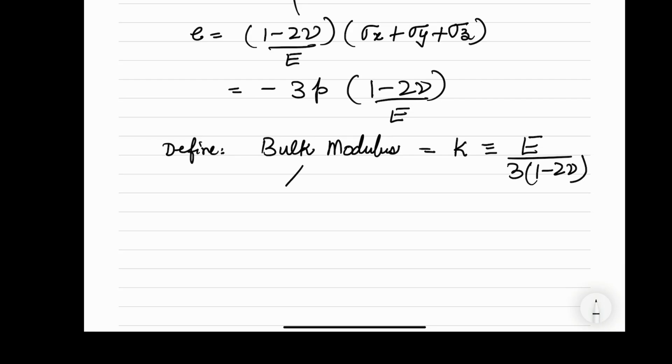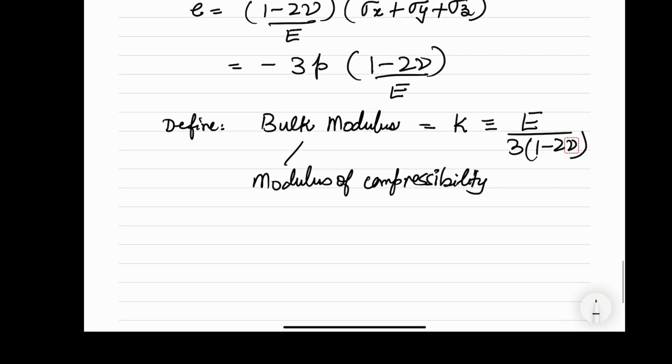The bulk modulus is also called the modulus of compressibility, and e is equal to minus P upon K.